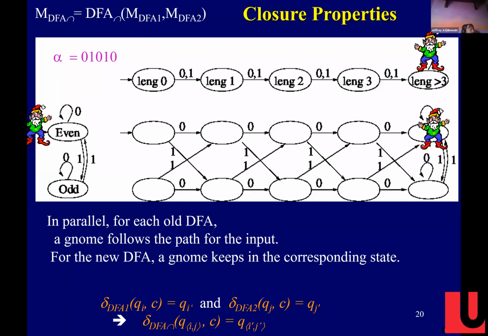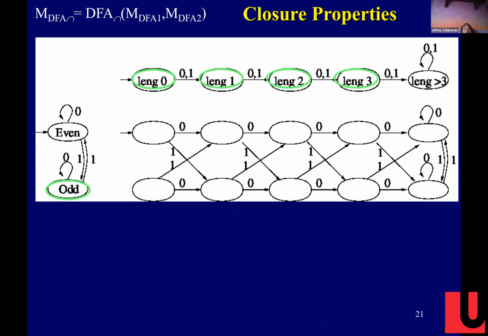Yeah, exactly. I haven't said true or false yet. You notice here I purposely got rid of the true and false. So let's bring true and false in. For the length machine, we want to accept if the length is 3 or less. Here we want to accept if the number of ones is odd.